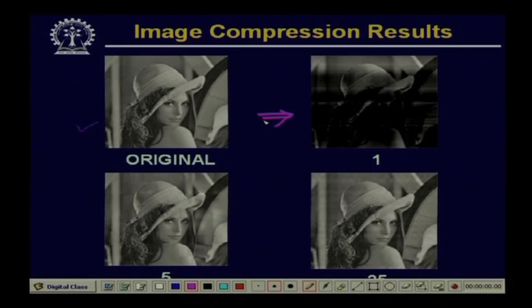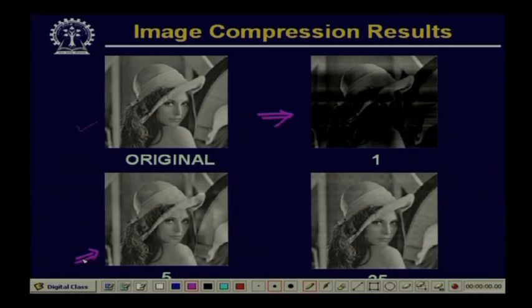Now, if we increase the number of eigenvectors in the transformation matrix, when I use 5 eigenvectors, then the reconstructed image is given by this one. You find that the amount of information contained in this image is quite improved, though this is not identical with the original image.